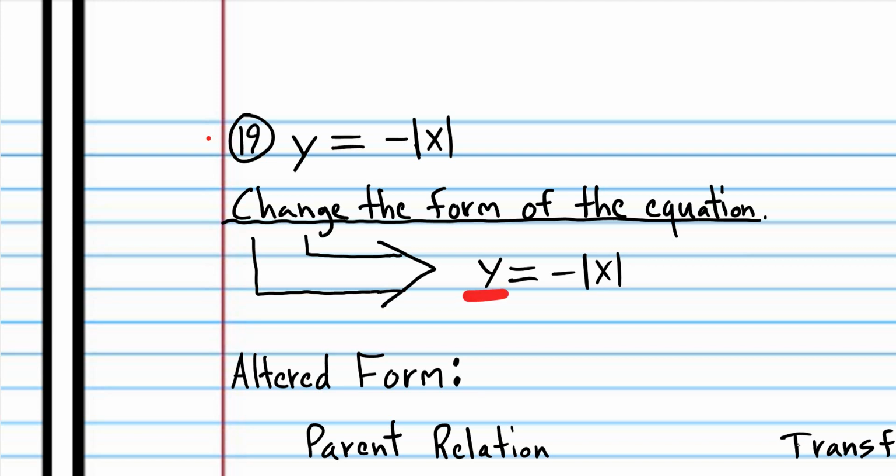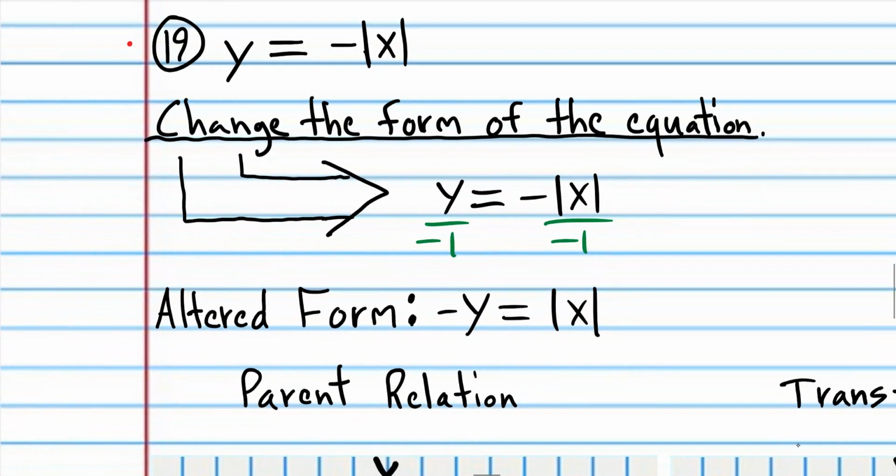So I'm going to divide both sides by -1, and we get -y is equal to absolute value of x.